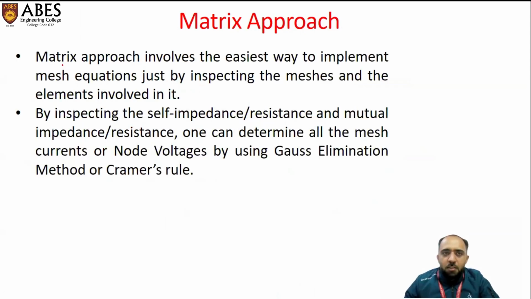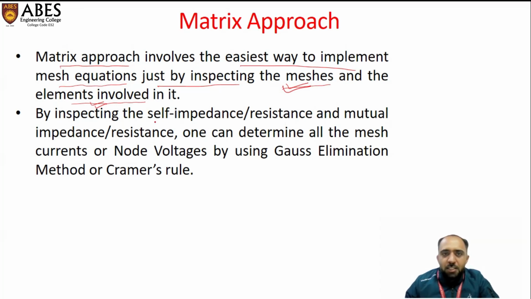So what is the matrix approach? The matrix approach involves the easiest way to implement the mesh equations just by inspecting the meshes and the elements involved in them. First of all, you need to inspect the mesh and the elements involved in it. How many elements are in the first mesh or second mesh or more?